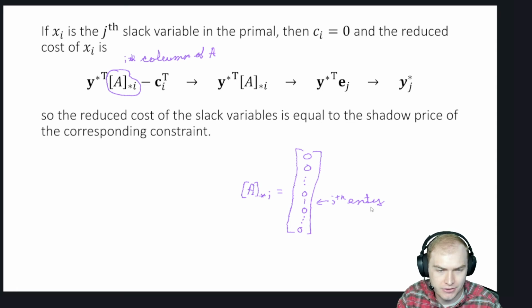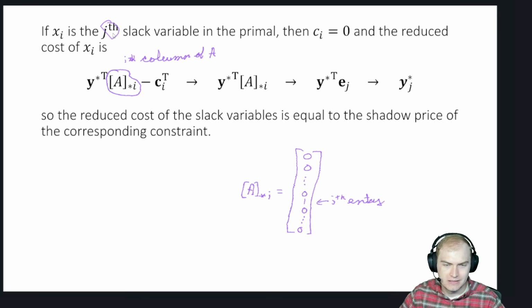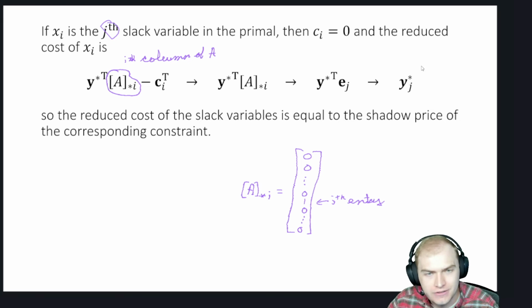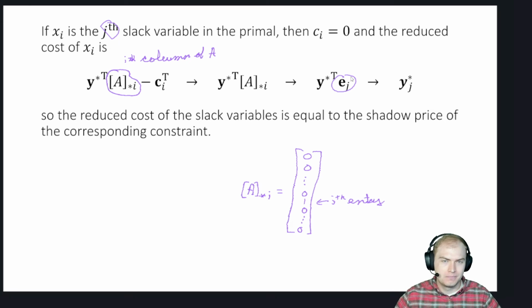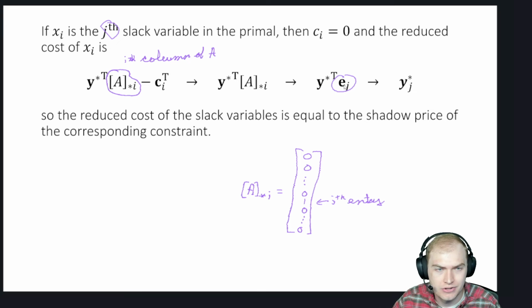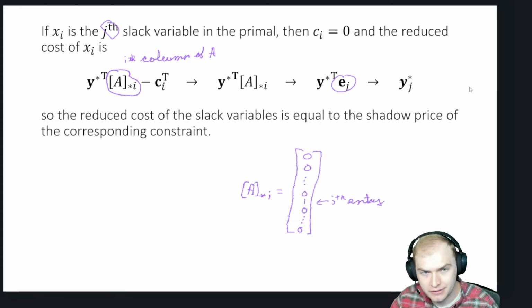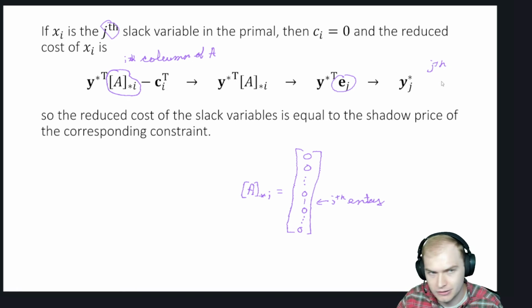And I know it's the jth entry because I said x_i is the jth slack variable. So this is just notation. It's the elementary vector with a 1 in the jth spot. And a vector times that is just going to pull out the jth element of the y vector, y star. So we're left with the jth slack variable.